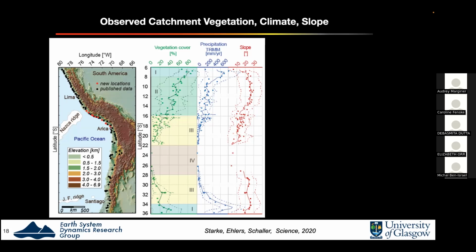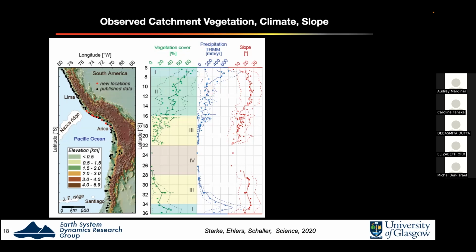I'll spare you showing the details of that analysis, but the key point is that 63% of the variance can be explained by basically a combination of vegetation cover, precipitation, and slope. But by far, the biggest contributor to explaining the variance is the vegetation cover, followed by the precipitation rates within the catchments here.